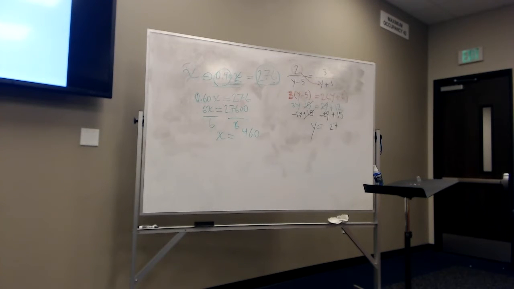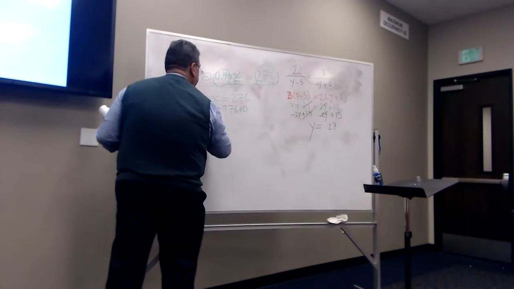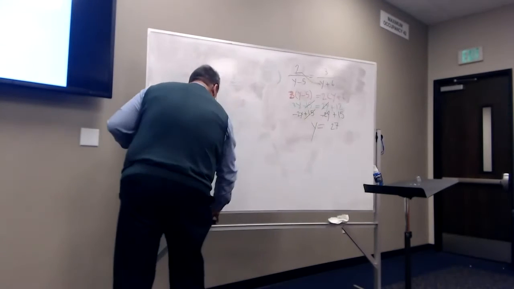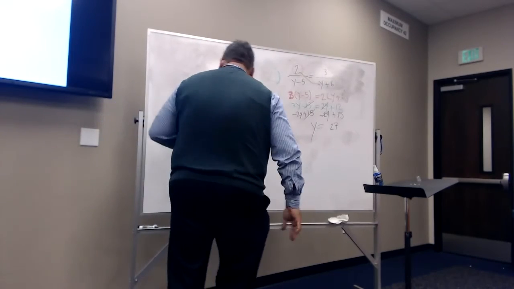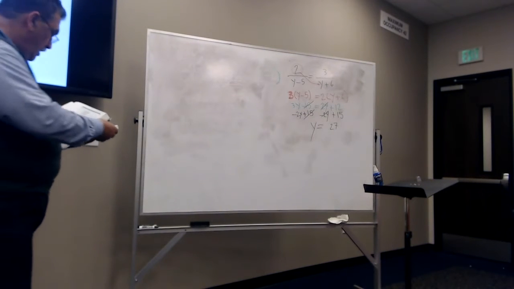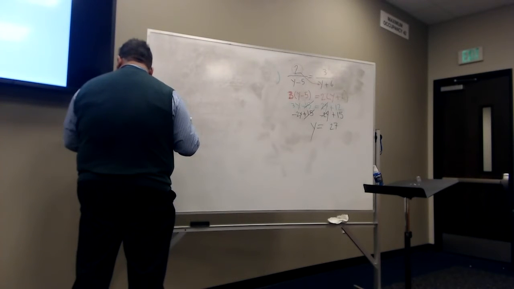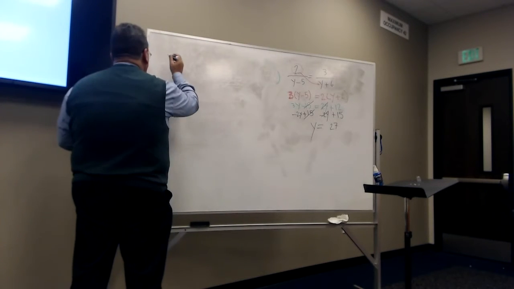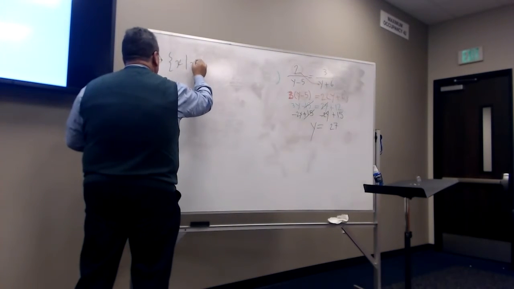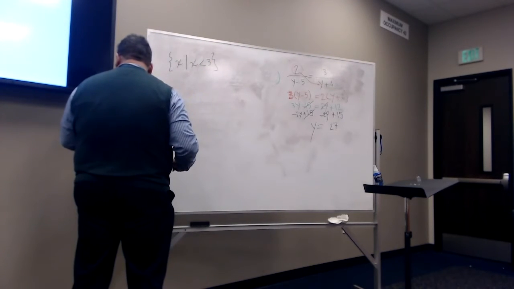Number 8, for example. It says x for all x less than 3. Graph the subsets of real numbers.